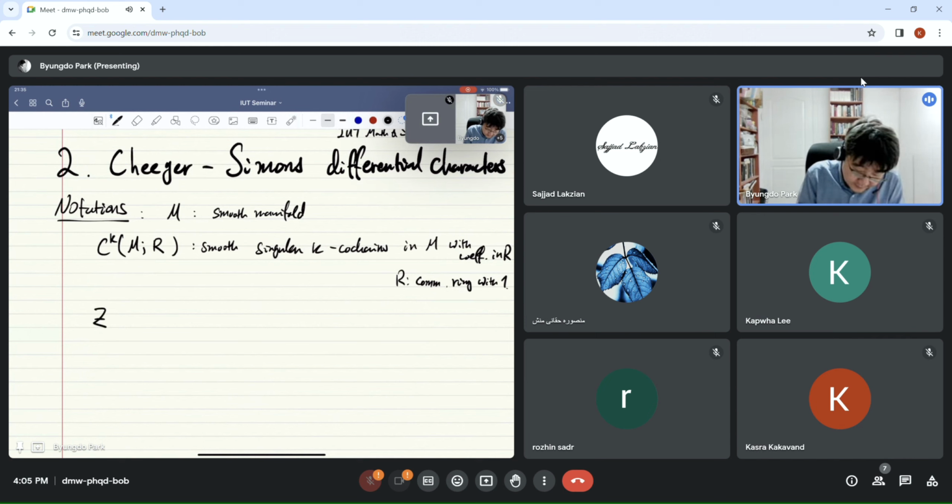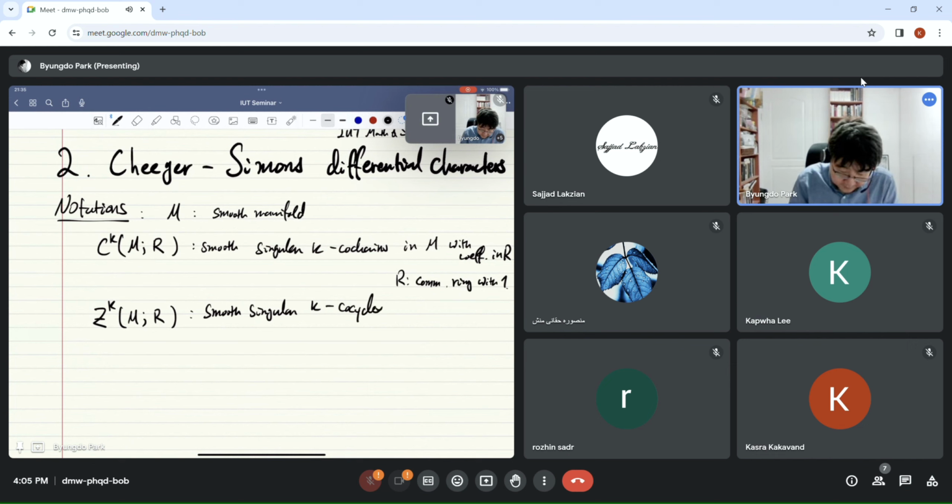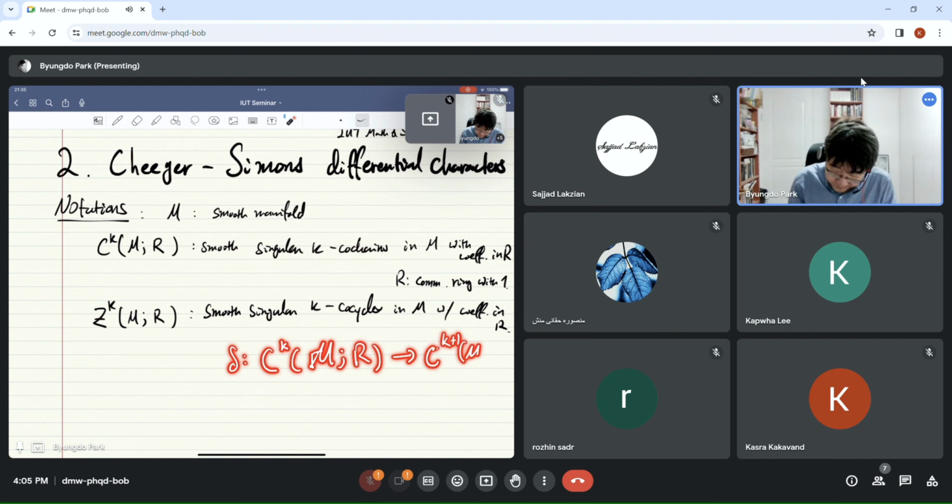This is typical notation in homological algebra, but some advanced undergraduate students might not have seen it. So Z^k(M; R) denotes smooth singular k-cocycles in M with coefficients in R. A cocycle is a k-cochain such that the boundary map, which you saw in the last lecture for Čech cohomology, sends it to 0.